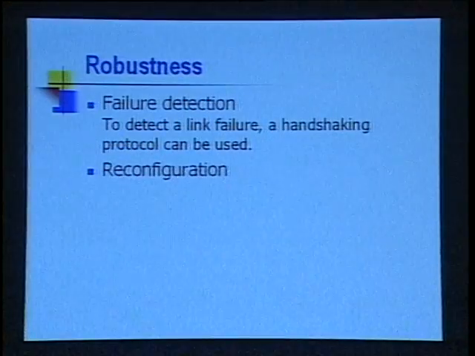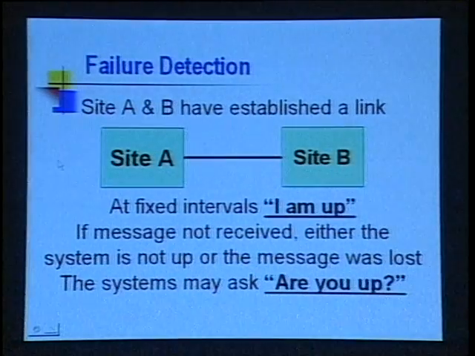If a link fails or if a site fails, then we need a mechanism to detect that failure and inform the machines on the network that a failure has occurred. And once a failure has occurred, the network should be able to reconfigure the failed site or the failed link. I will discuss failure detection in a little more detail.